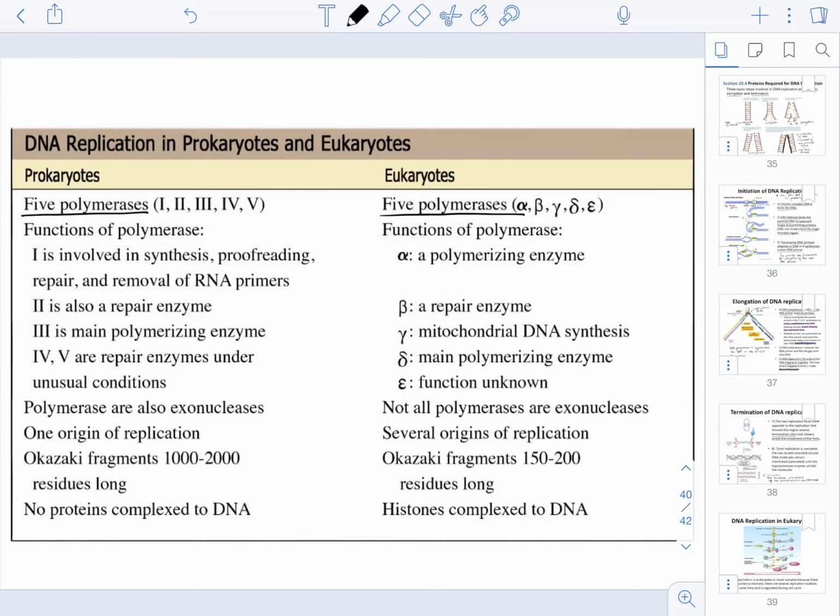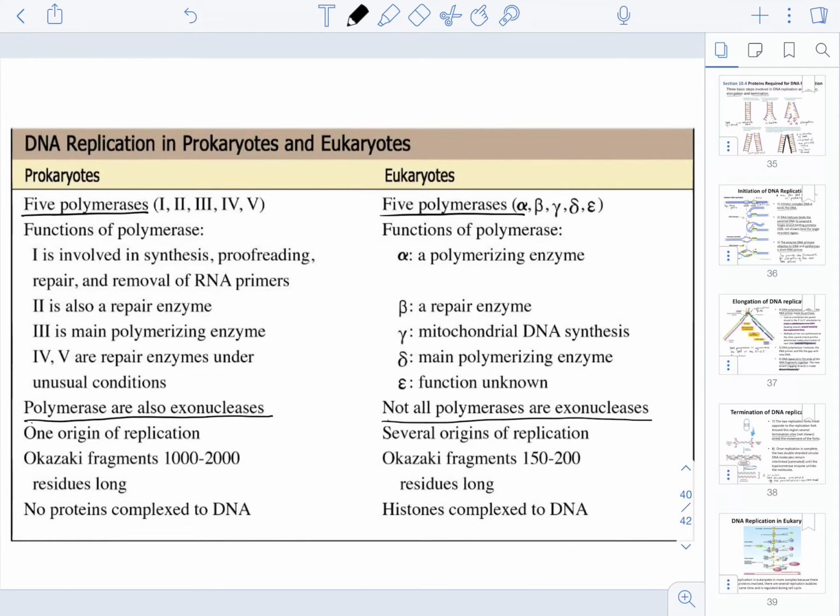Now, the polymerases that are involved in prokaryotes also are exonucleases, while the polymerases in eukaryotes are not exonucleases.